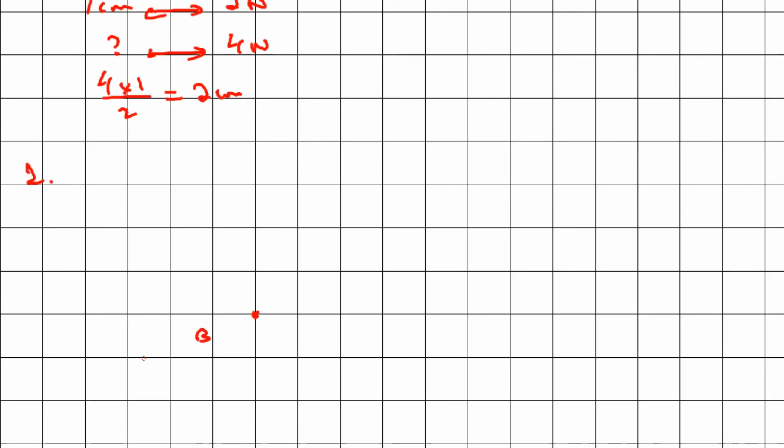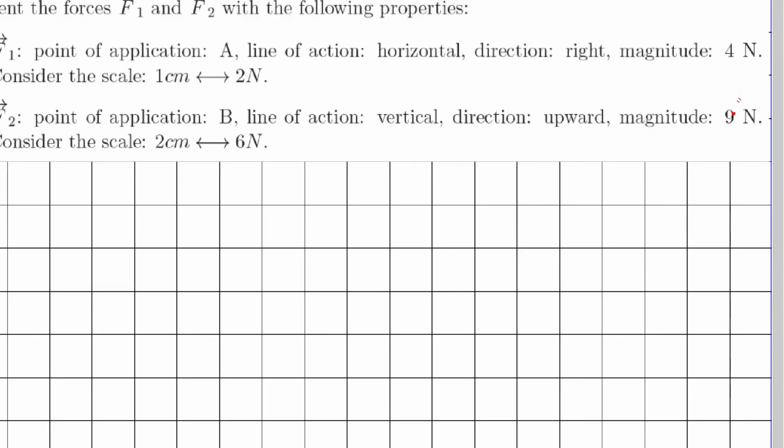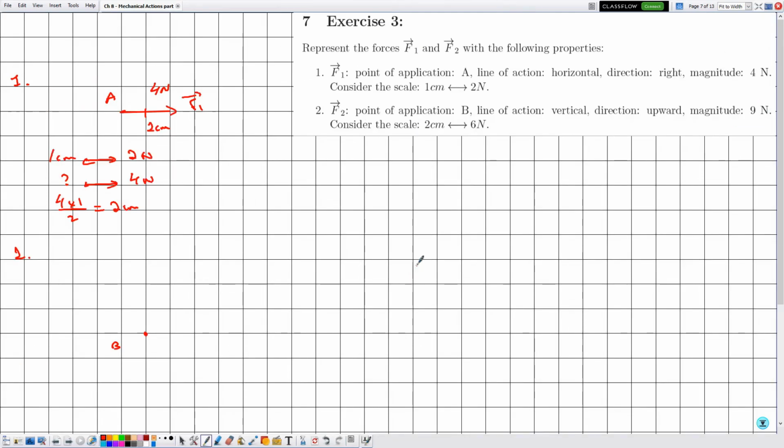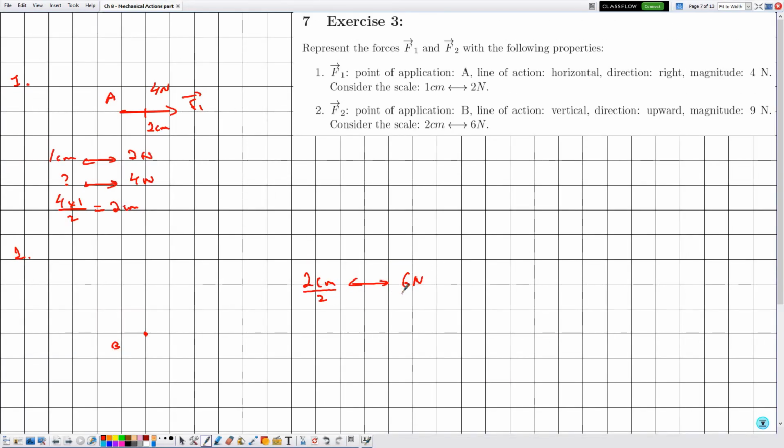So it is acting something like this. But we need to take into consideration the magnitude, because they are telling me to consider the scale 2 centimeters corresponding to 6 newtons. Now 2 centimeters corresponding to 6 newtons is not a scale, because this is not represented in the unit of length, which is 1. Let's convert it to a scale.